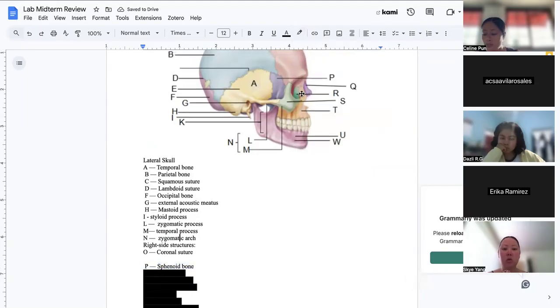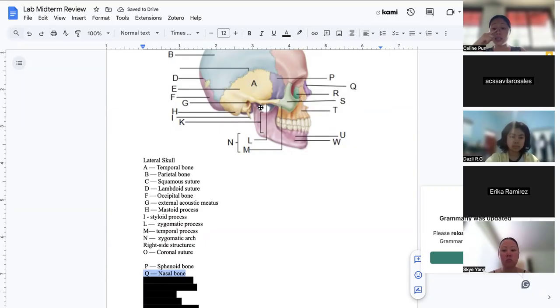Q is the bone right here, the purple. The one where your nose is at. What's it called? Your nasal bone. R is where your tears are.